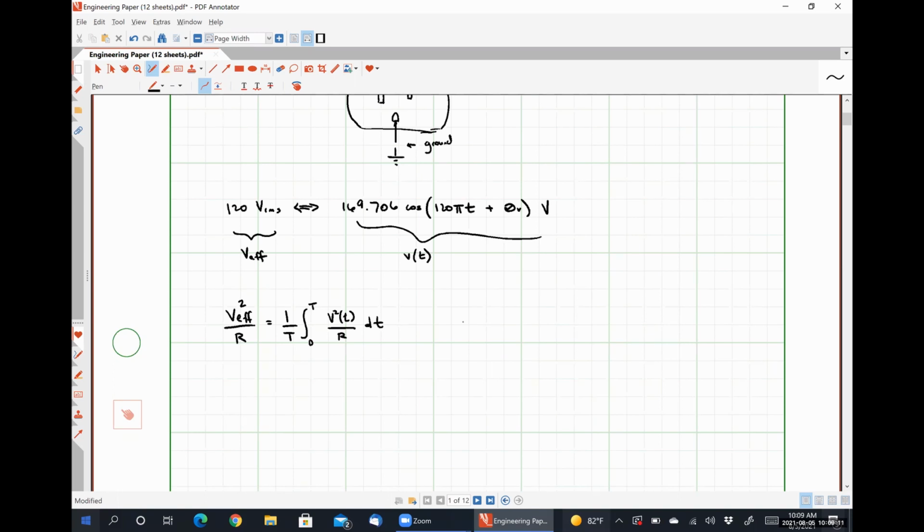Alternatively, because I don't want to make it seem like I just pulled that right-hand side of that equation out of thin air, we could express an effective current.